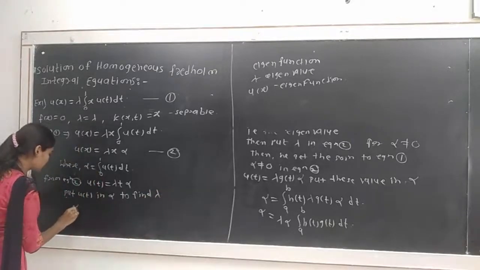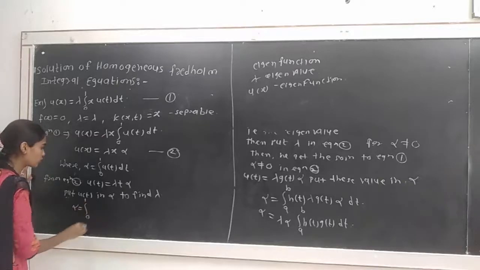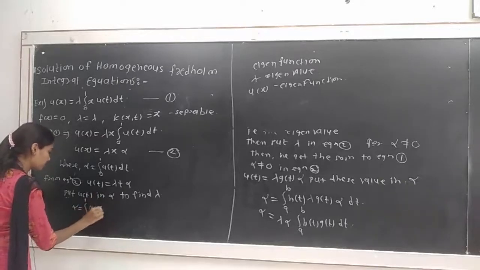Okay, so α is equal to the integration from 0 to 1 of u(t) dt.